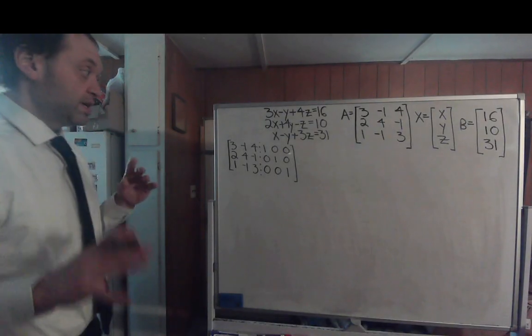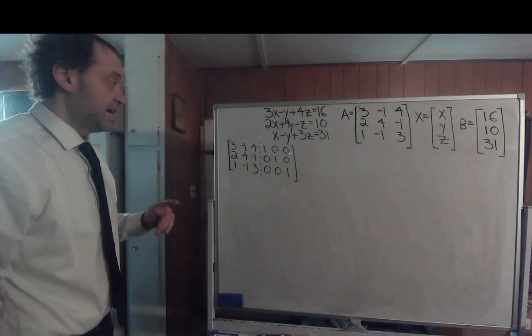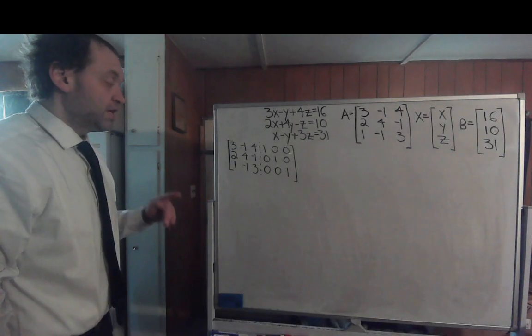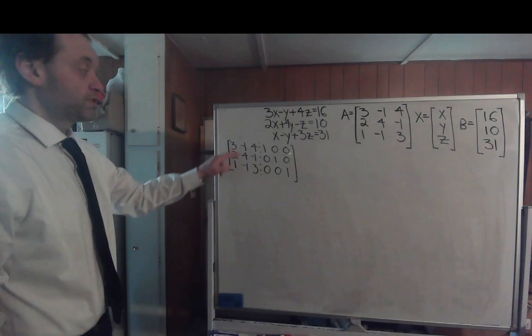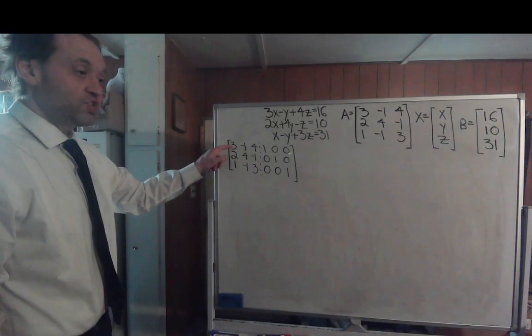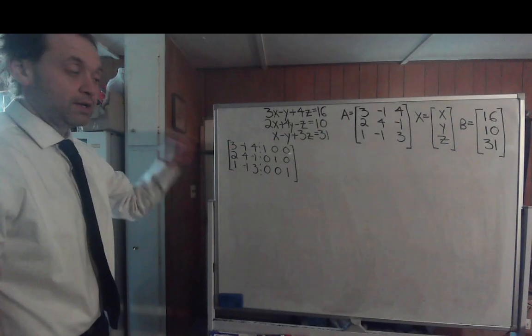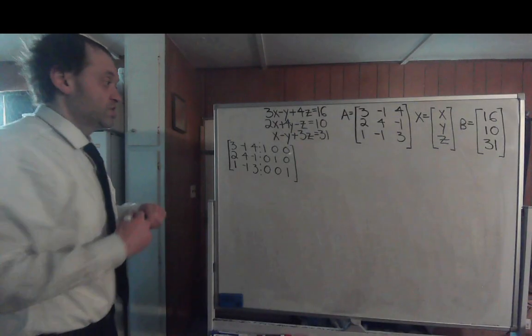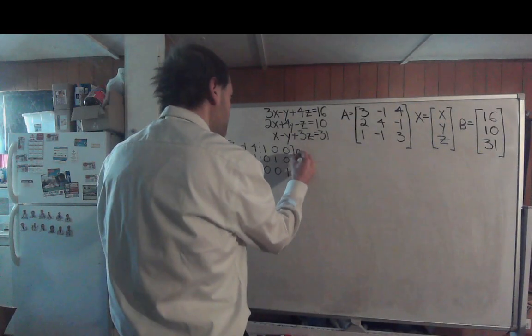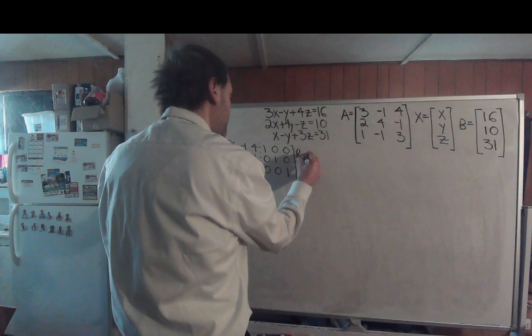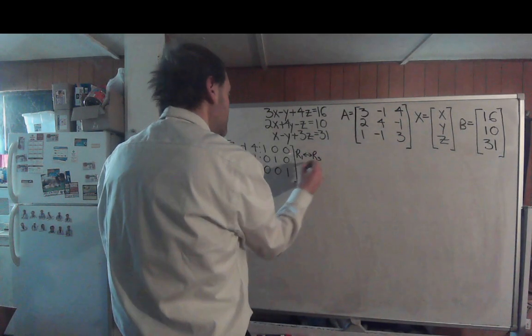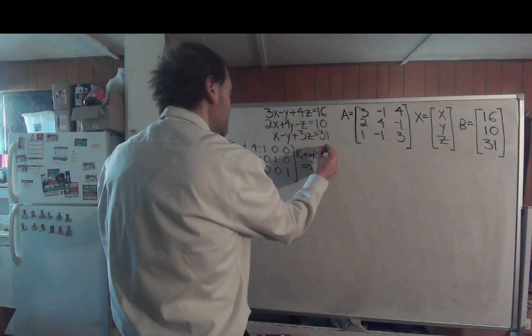First thing I'm going to even suggest is that we go ahead and swap rows 1 and 3 because you want the leading digit in row 1 to be a 1 for your X coefficient. So we're just going to do a simple row swap between rows 1 and 3. Nothing too crazy just yet.